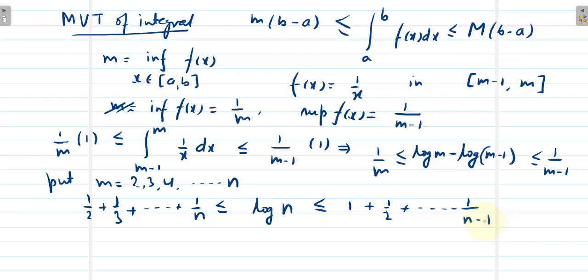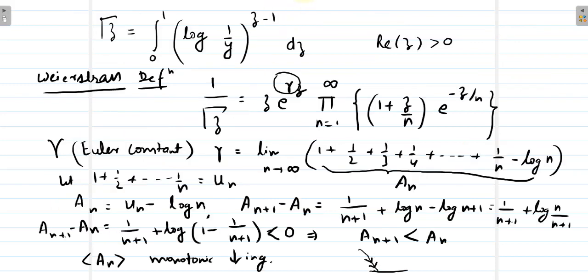Now from here, if we add 1 and subtract 1 on the left hand side, it becomes, I think we had assumed this as u_n.